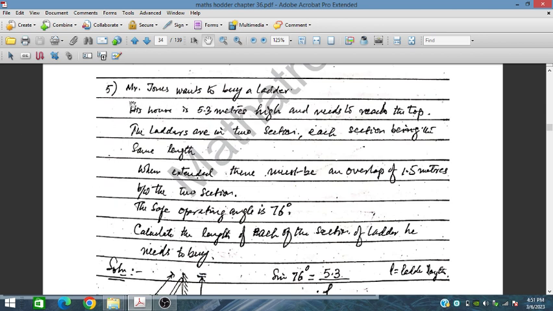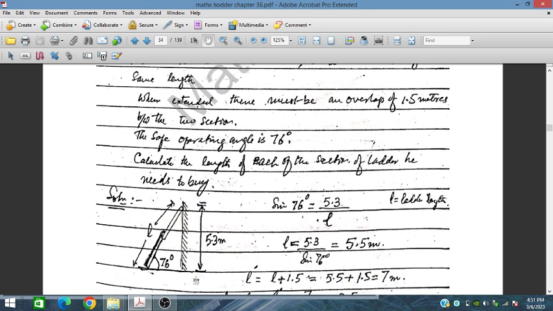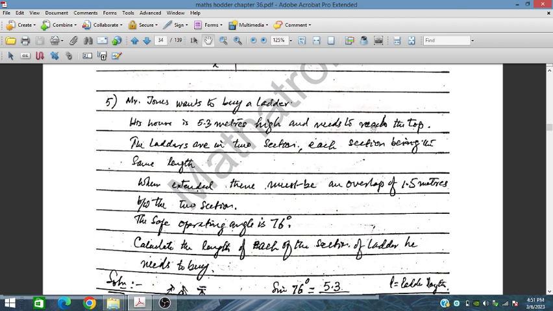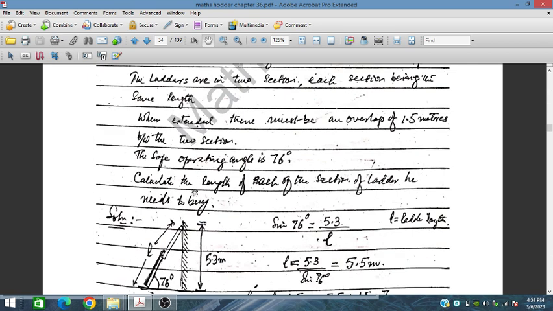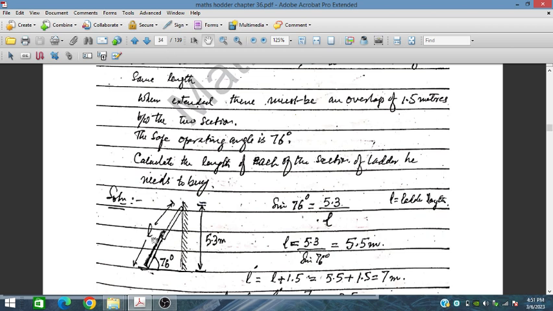Question number 5. Mr. Jones wants to buy a ladder. His house is 5.3 meters high and the ladder needs to reach the top. The ladder is in 2 sections, each section being the same length.